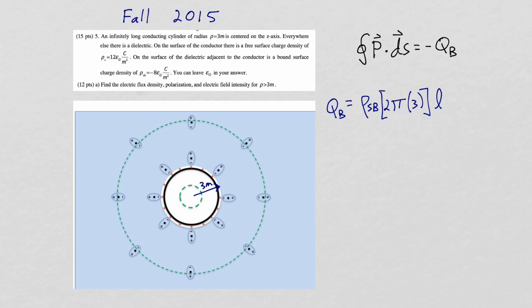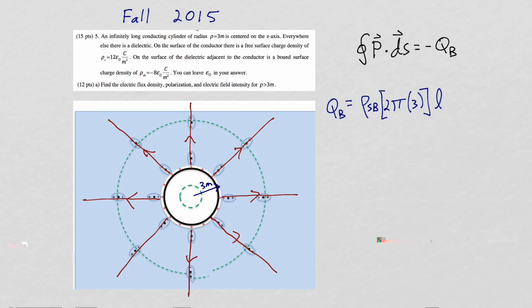So the polarization field will look like this. We see the only place the polarization goes through the Gaussian surface is the side wall of our cylinder.